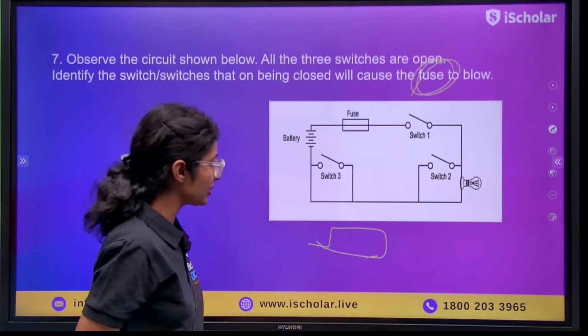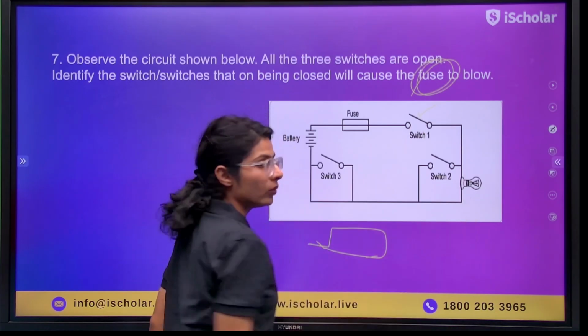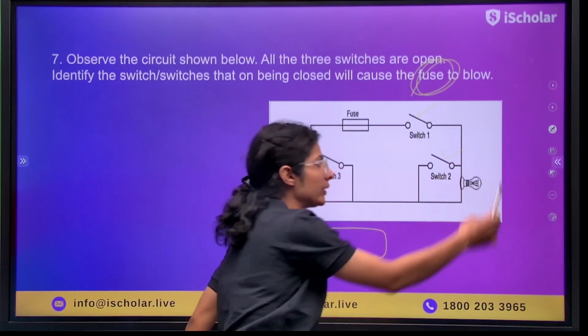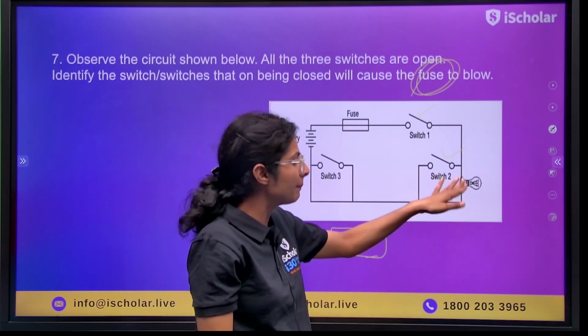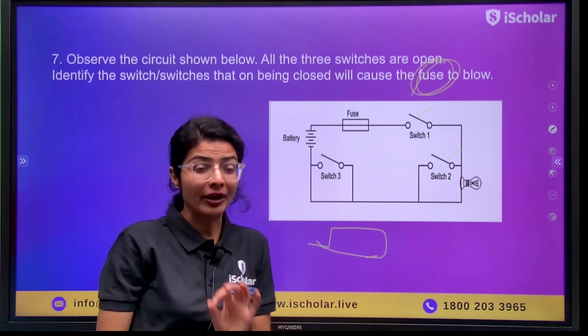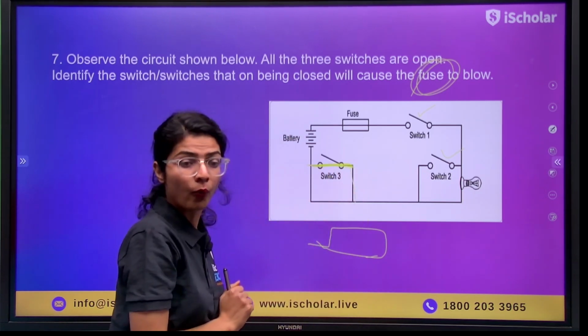Let me see over here. So in this question, can I say that when switch 1 is on, it won't create much change. When switch 2 is on, it is just connected to the bulb, and will just help the bulb to glow on or off. But when we close this switch, what is happening?